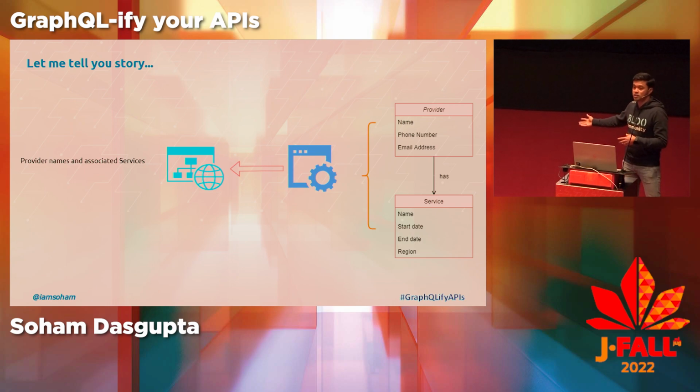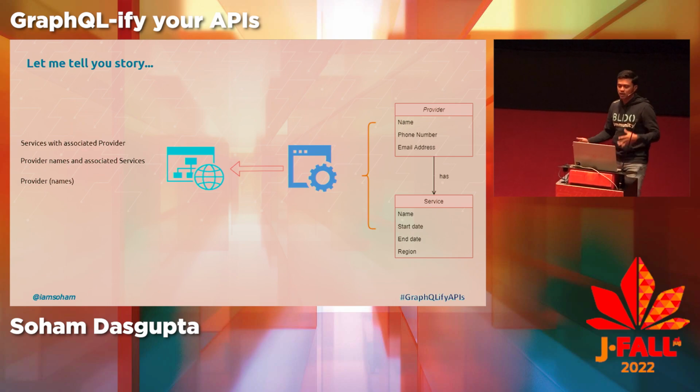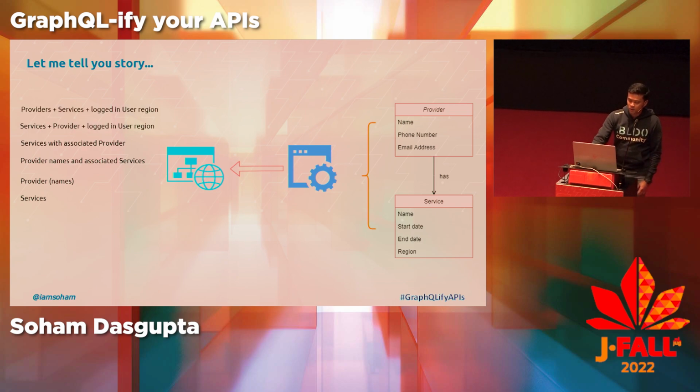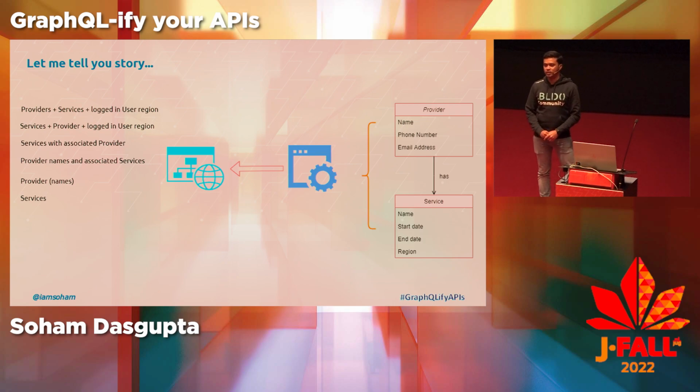You can call the services API. It gives you the whole provider. But no. We don't want to expose all the information on that API. OK, so we built one for you. Then they said, can we have services associated with the provider and with some specific attributes, and only the providers? And the list went on and on. They wanted so many endpoints that we created a monstrous REST API endpoint hell.